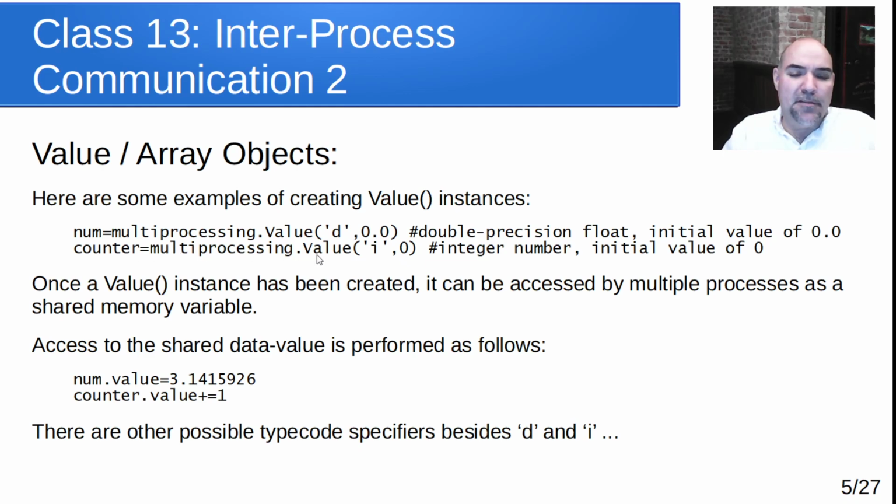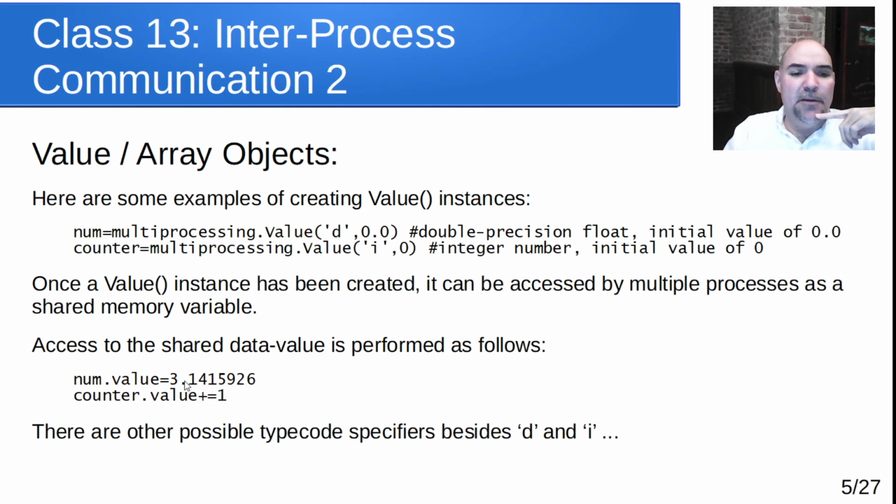Here's another one, creating an integer. Counter equals multiprocessing.Value, 'i' is for integer, and 0 is the starting value. So that initializes that shared variable as 0. Once a Value instance has been created, it can be accessed by multiple processes as a shared memory variable, meaning we can just use the name of the variable dot value.